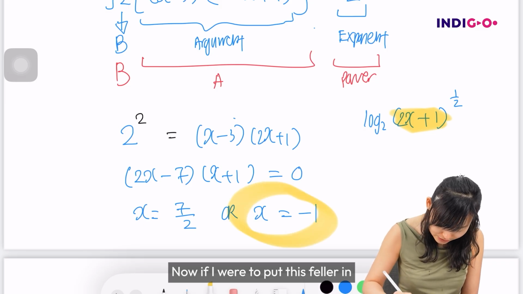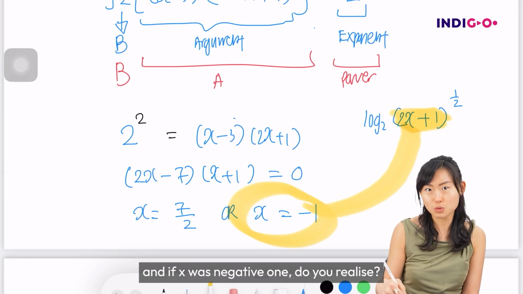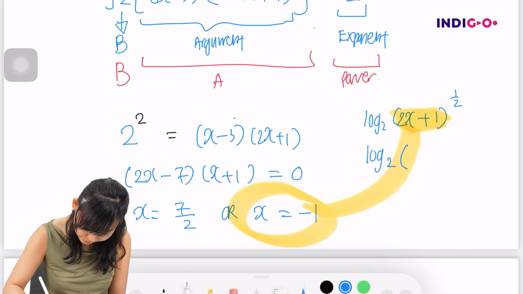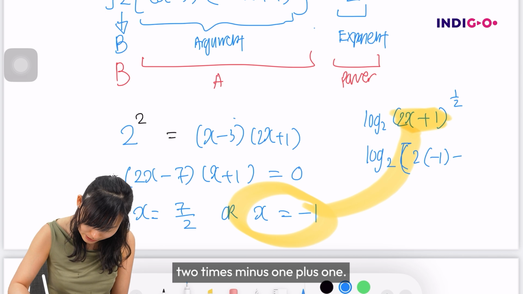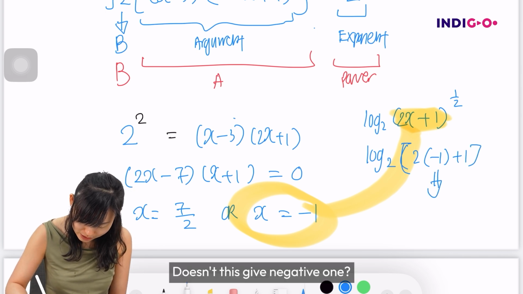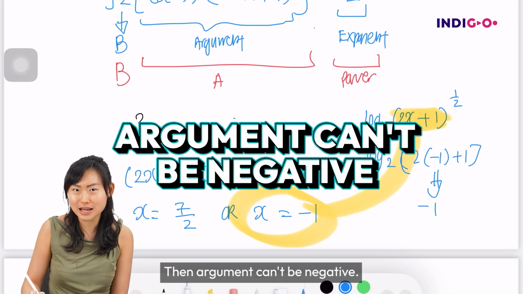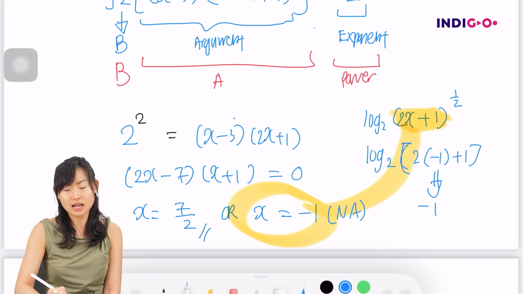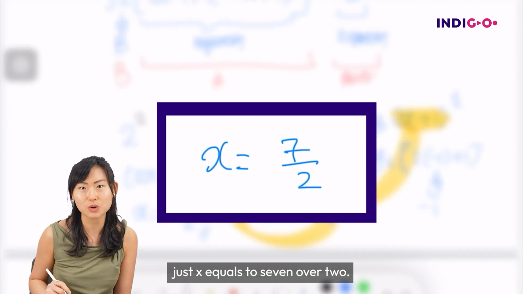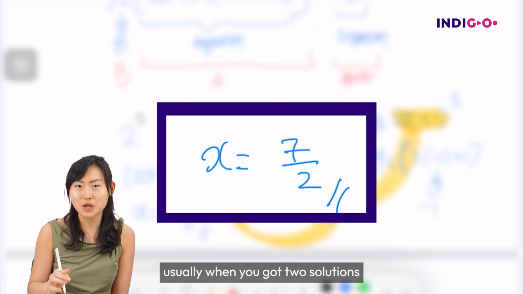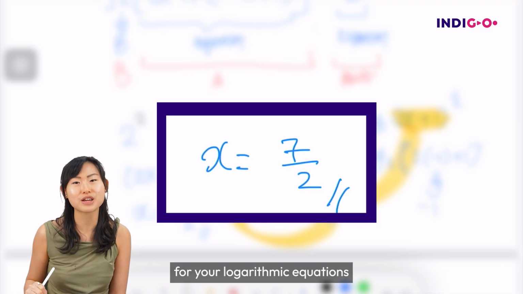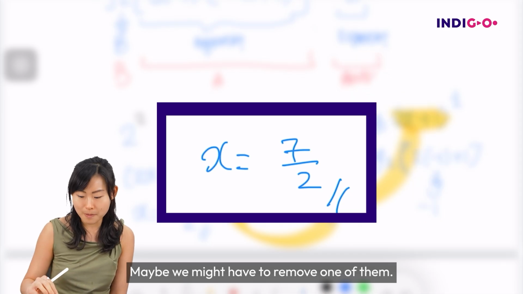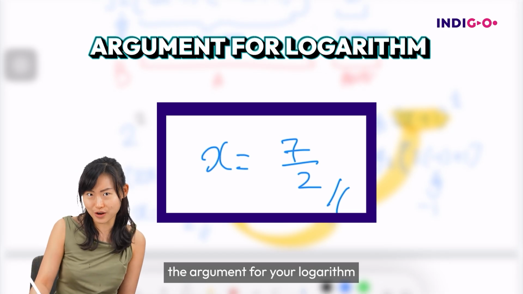Now if I were to put x equals negative 1 in, do you realize I'll end up with log base 2 of (2 times negative 1 plus 1)? Doesn't this give negative 1? Then the argument can't be negative. So very obviously, we should be rejecting this value of x, and hence the correct value is x equals 7/2. So please take note, usually when you've got two solutions for your logarithmic equations, please check and check. We might have to remove one of them, because the argument for your logarithm must never be negative.